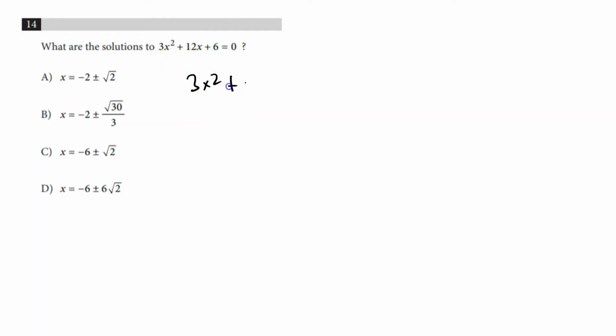First, I'll just rewrite this, and then factor the 3 out. Factoring the 3 out is just dividing this term by 3, because that's what factoring is, dividing out. So that's just x squared. 12x divided by 3 is 4x, and then 6 divided by 3 is just 2, and then equals 0.